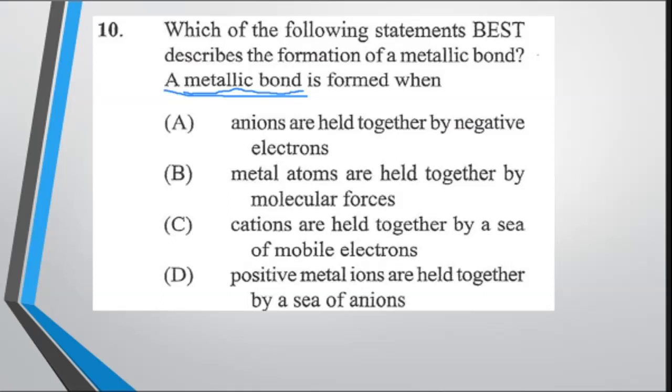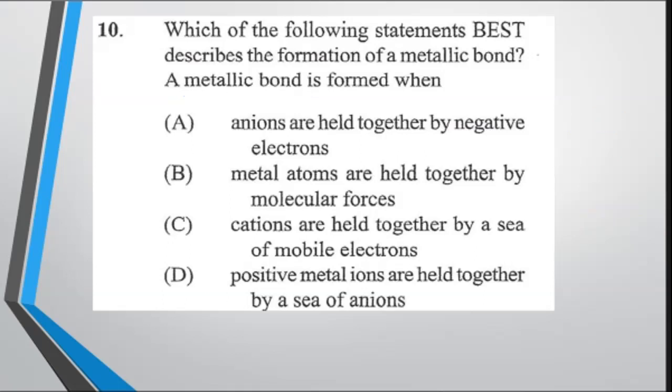All right, so just to recollect, we have cations and we have anions. Your cations are your positive ions, and your anions are your negative ions.